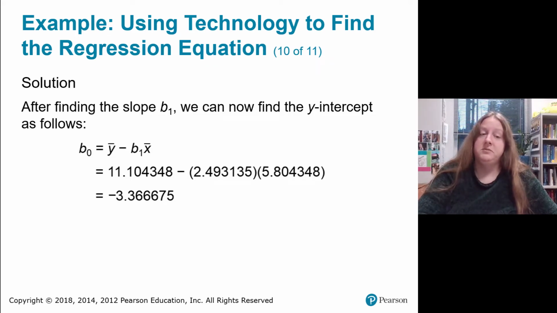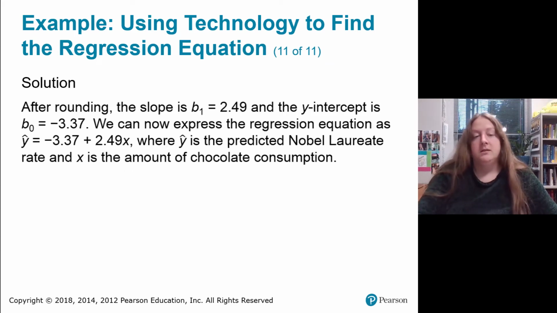So now that we've found our slope, we can find our y-intercept. So our y-intercept, b sub 0, equals our mean of our y's minus our slope times the mean of our x values. So plugging all of those things in, doing our arithmetic, we get negative 3.366675. So now we have our slope is 2.49 when we round it, and our y-intercept is negative 3.37 when we round that.